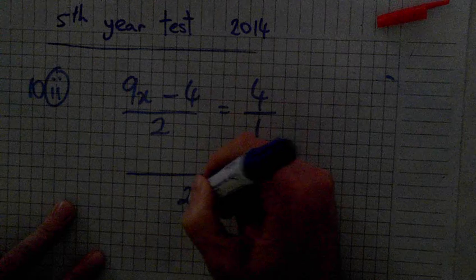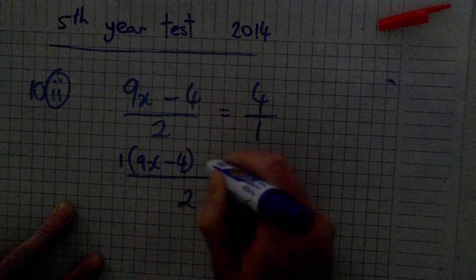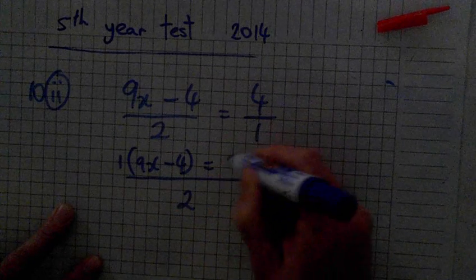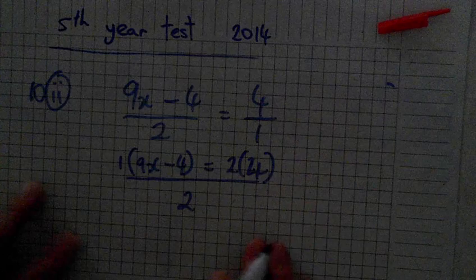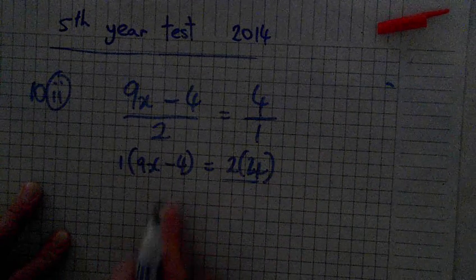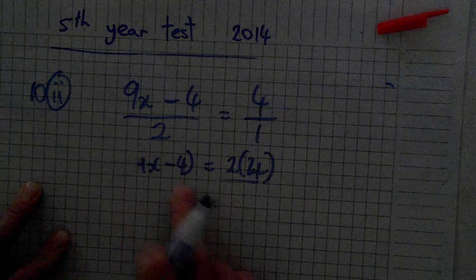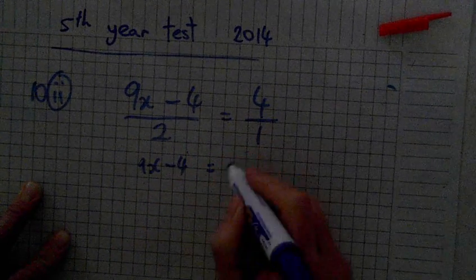So 2 into 2 goes once. Once times 9x minus 4. 1 into 2 goes twice. 2 times 4. At this point you don't have to worry about the 2 on the bottom. So 1 times 9x minus 4 is 9x minus 4. 2 times 4 is 8.